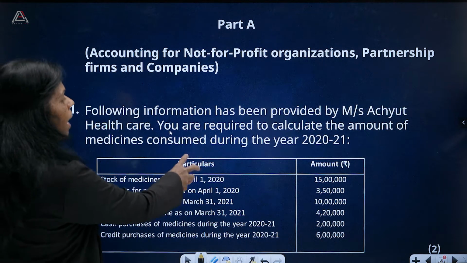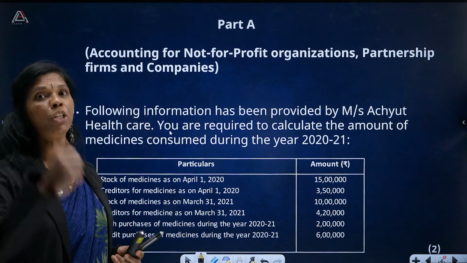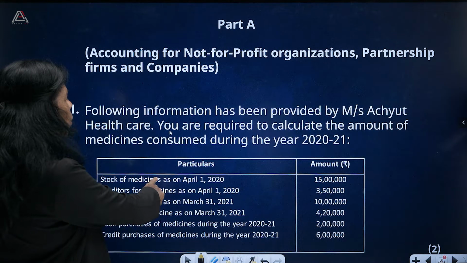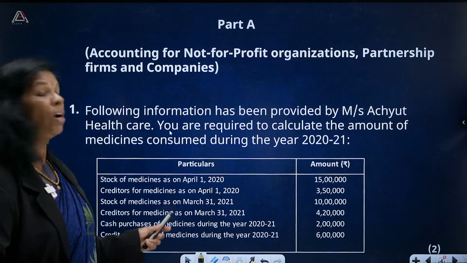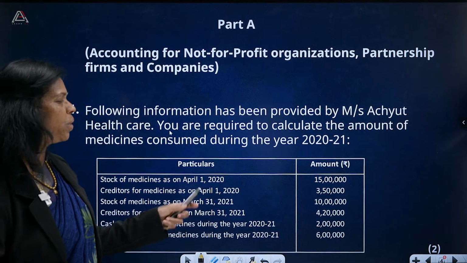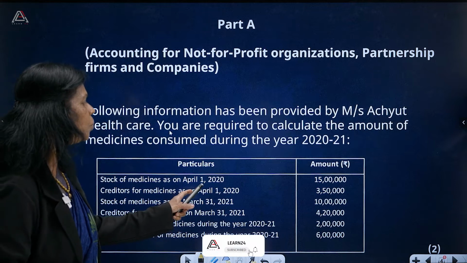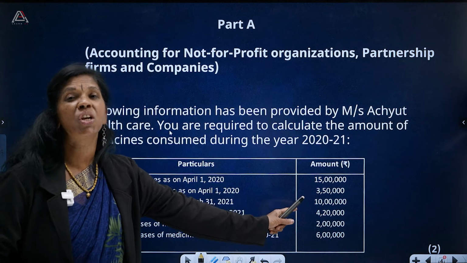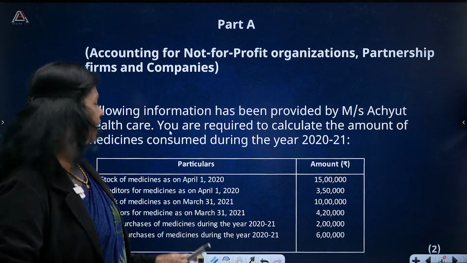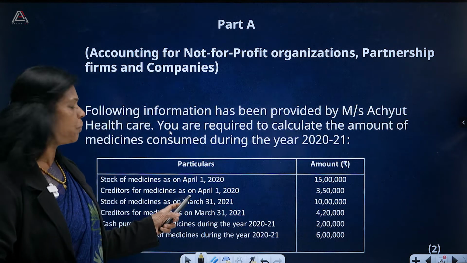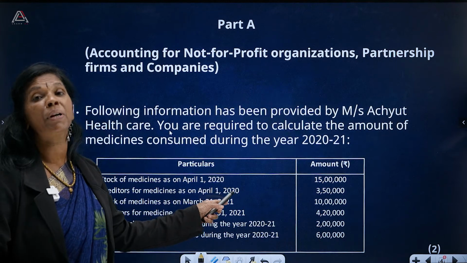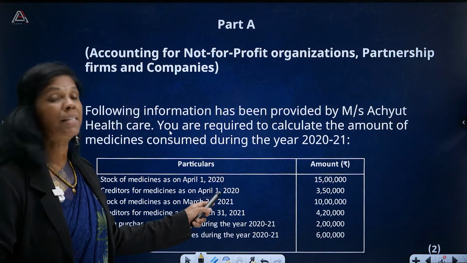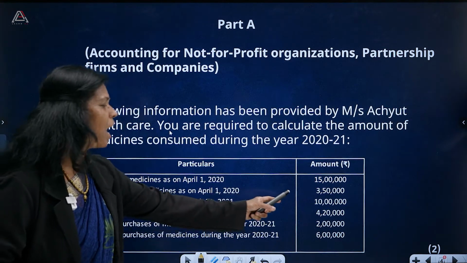Then, what information is given in the question? First one, stock of medicine as on 1st April 2020. 1st April 2020 means it is the opening stock. How much is it? 15 lakh. Then second one, creditors for medicine as on 1st April 2020. That is, this is opening creditors. How much is it?